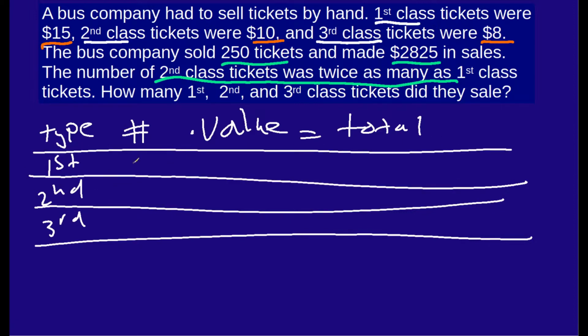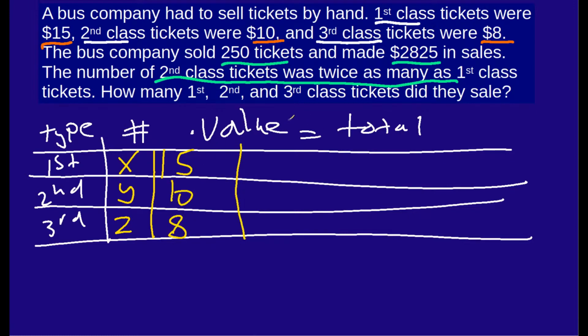That's what we have. And so for our first variable, first class is going to be x. Let me make this a different color, a little bit easier to stand out, if you will. So x, y for second class, and z for third class. And then we know that the value is going to be $15 for the first class, $10 for the second class, and $8 for the third class.